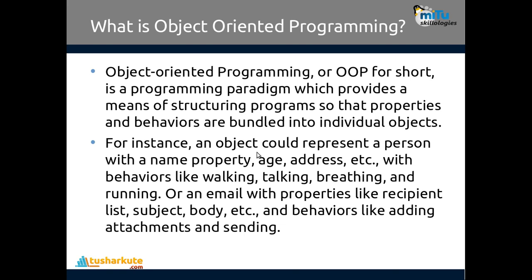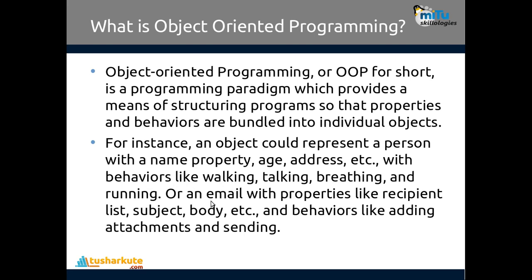For instance, an object could represent a person with a name, age and address as properties. Okay, just consider an example. If person is an object, it contains properties and behavior. Two things are there: properties, or attributes, and behavior. Properties like age, address and name are present, or they contain behavior like the person walking, talking, breathing, running.